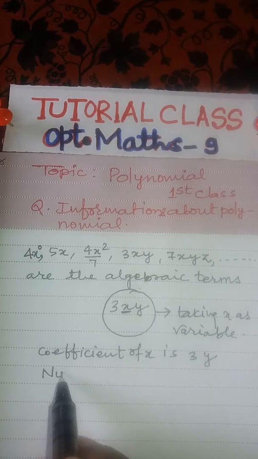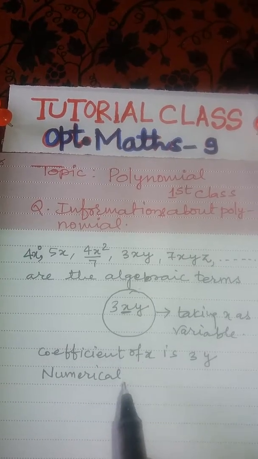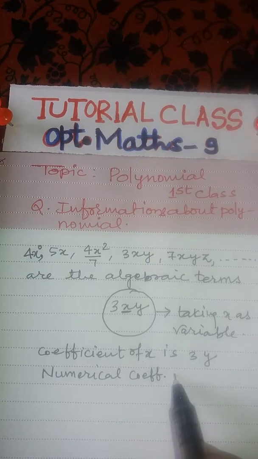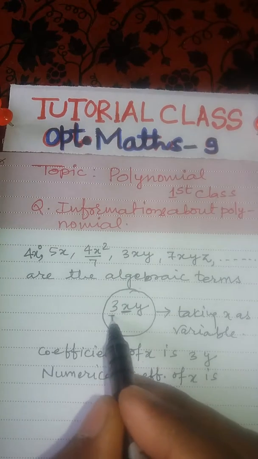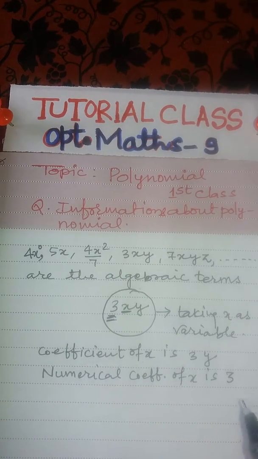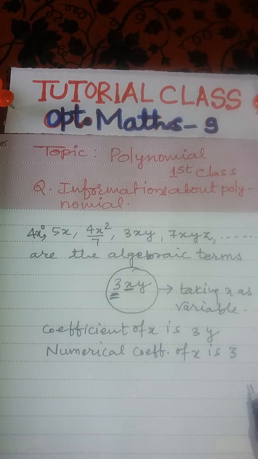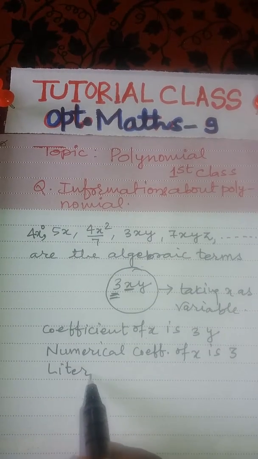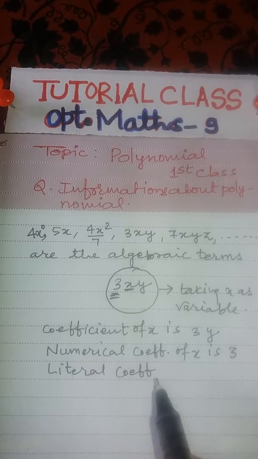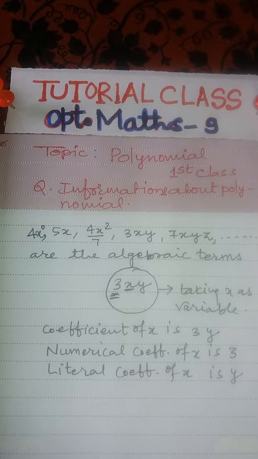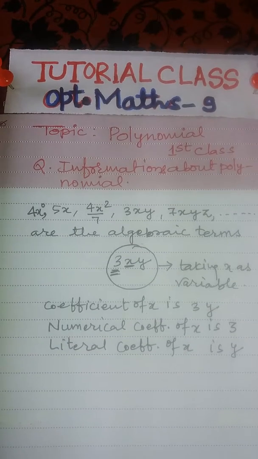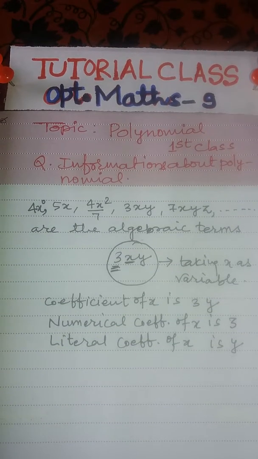What is the numerical coefficient of x? See here, the numerical coefficient is 3. The literal coefficient of x is y. This is the coefficient, numerical coefficient and literal coefficient of x in 3xy.